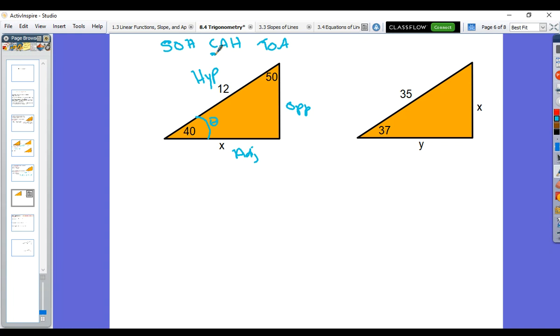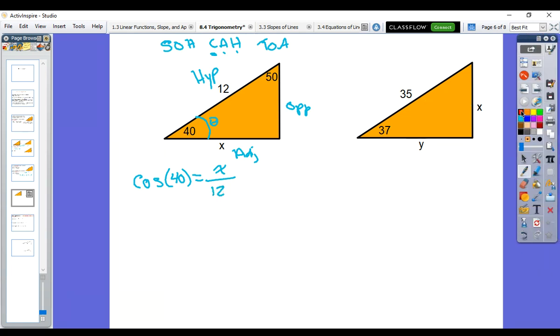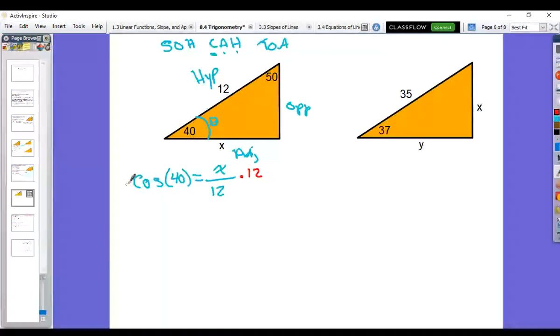So we set it up as cosine of 40 degrees equals our adjacent over our hypotenuse, 12. Just like before, we're solving for x, so we multiply both sides by 12, giving us 12 times cosine of 40 equals x.